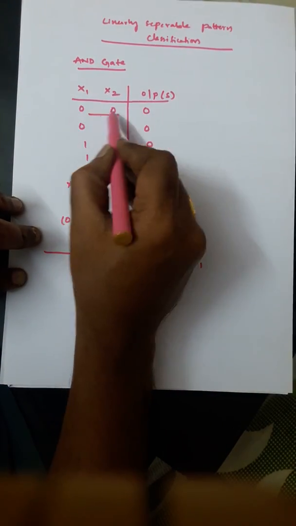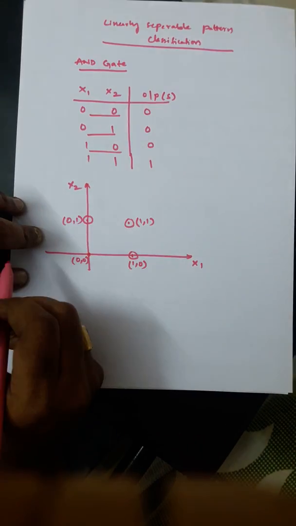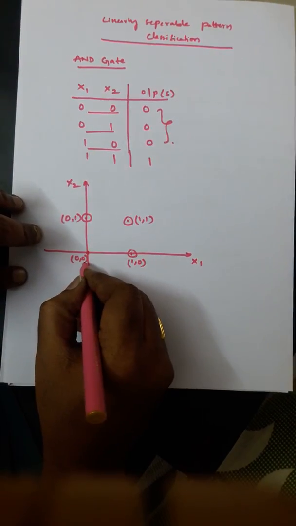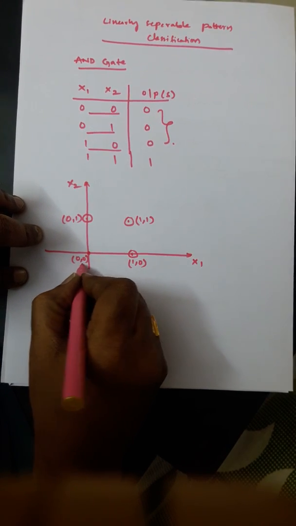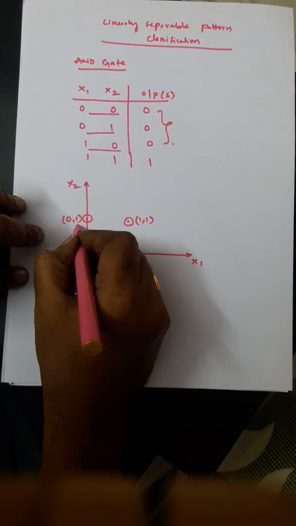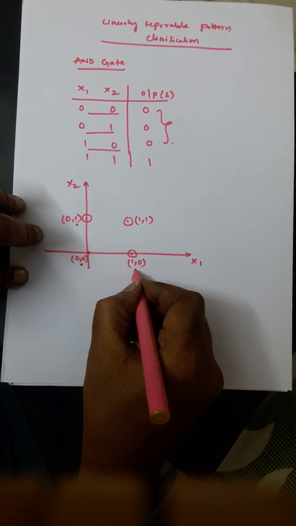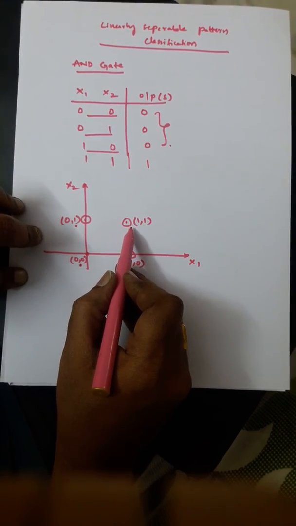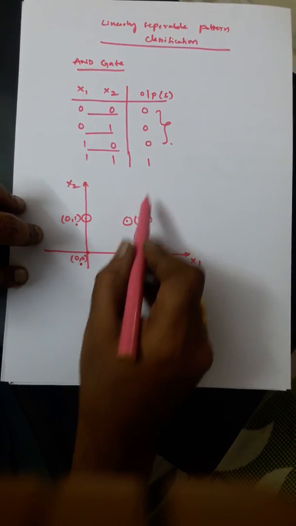When 0 0, 0 1, 1 0 are the inputs, you can see the output is 0. That means for the inputs 0 0, 0 1, 1 0, the output is 0, whereas for the input 1 1, the output is 1.